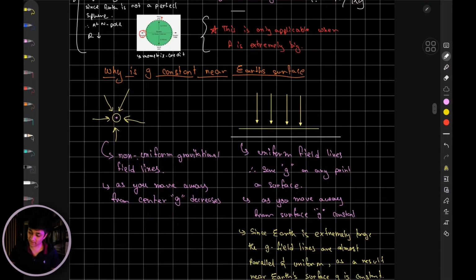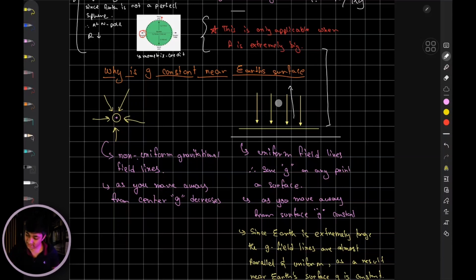And that is also why your field lines turn out to be approximately uniform, which is why up till a certain height above the surface, your amount of gravity or gravitational field strength does not change, because the field lines have uniform separation as you move away from the surface.